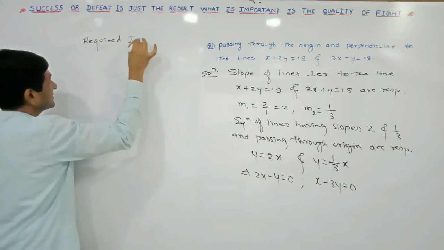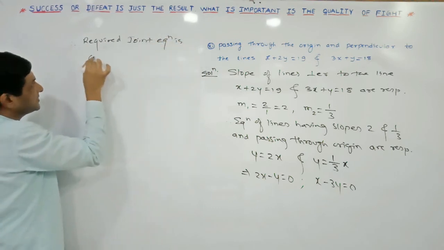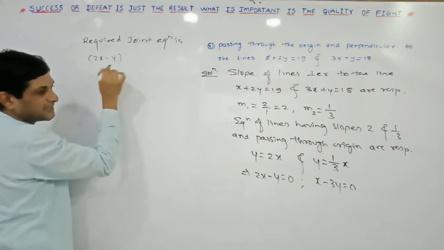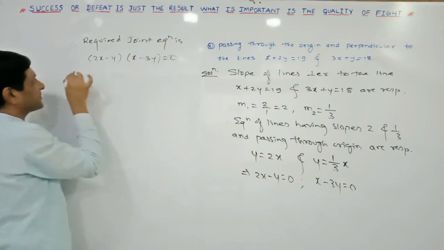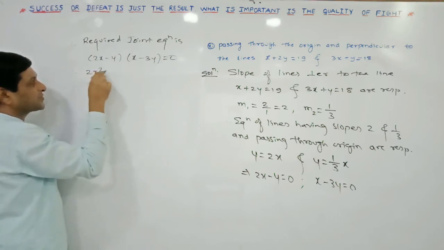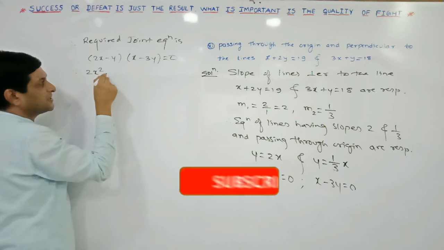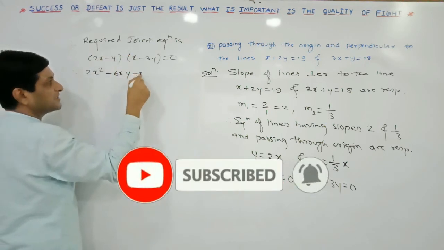So the required joint equation is, what is the first line? 2x minus y, and the equation of the second line is x minus 3y. Just simply we are taking the product of these two equations. 2x into x will be equal to 2x square. 2x into minus 3y will be minus 6xy. Minus y into x is minus xy.